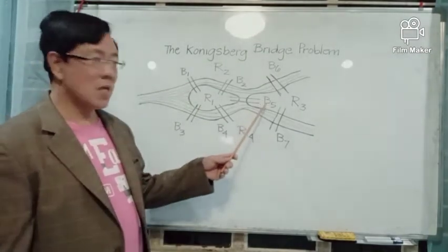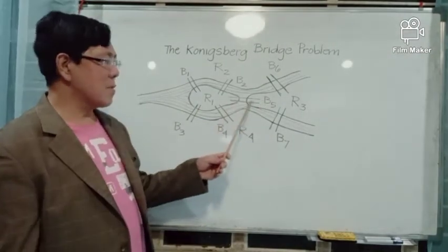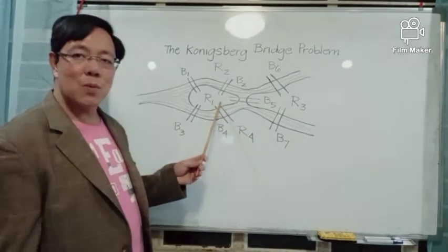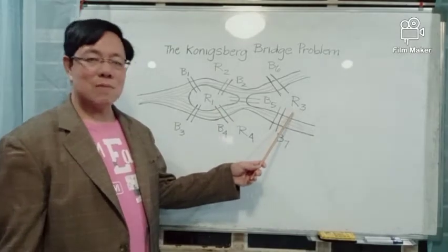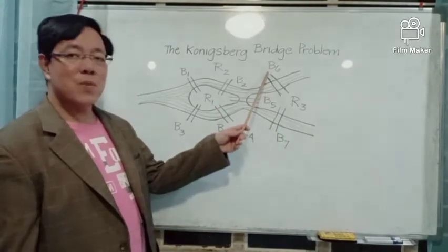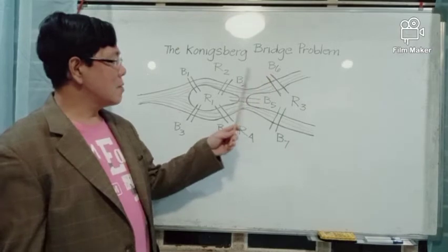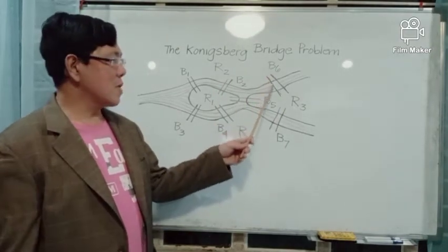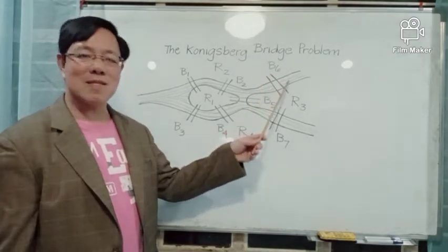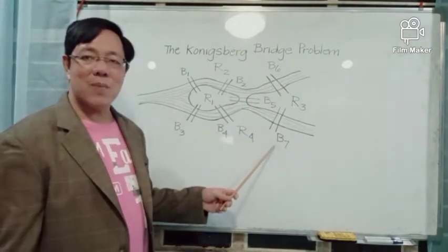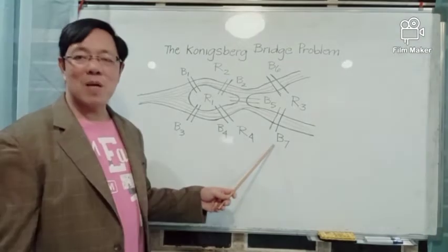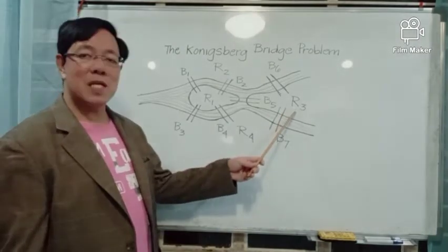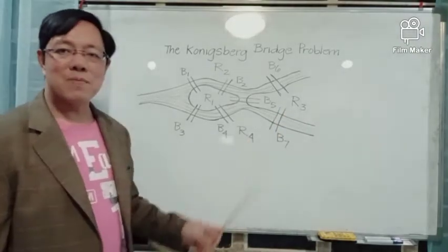This is the fifth bridge, denoted by B sub 5, that links region 1 and region 3. And the sixth bridge links region 2 and region 3. The sixth bridge is denoted by B sub 6, and the last and seventh bridge, denoted by B sub 7, links regions 3 and 4.